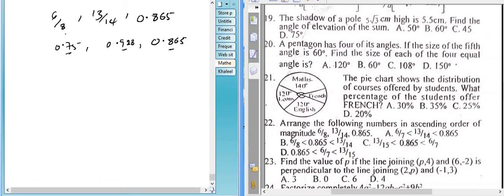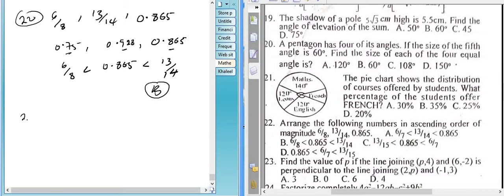The least is 6/8, the second one is 0.865, and the last one, the biggest, is 13/14. So the correct option in 22 is option B. Okay, so that's question 22.